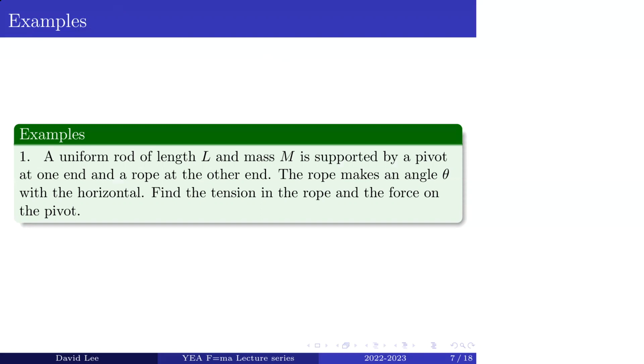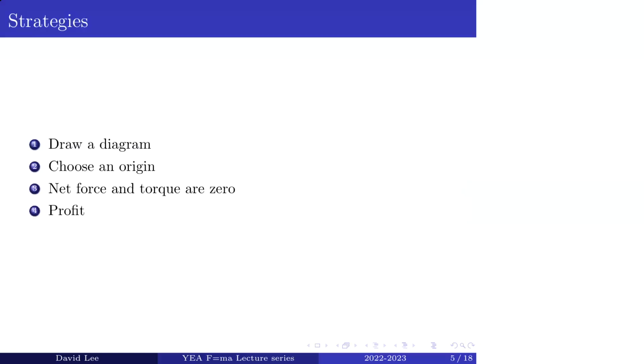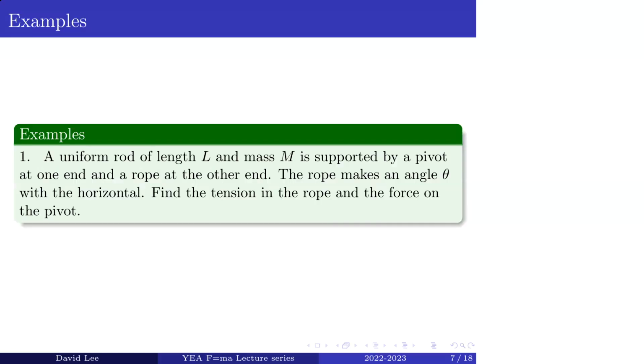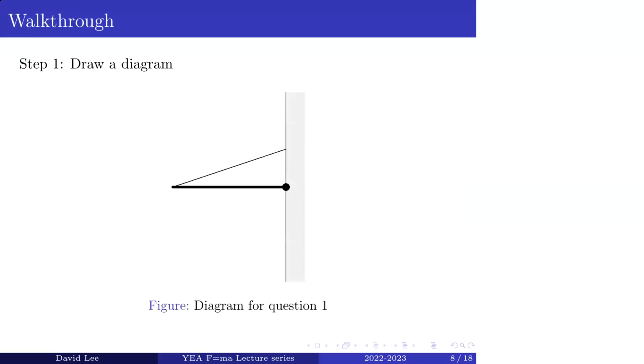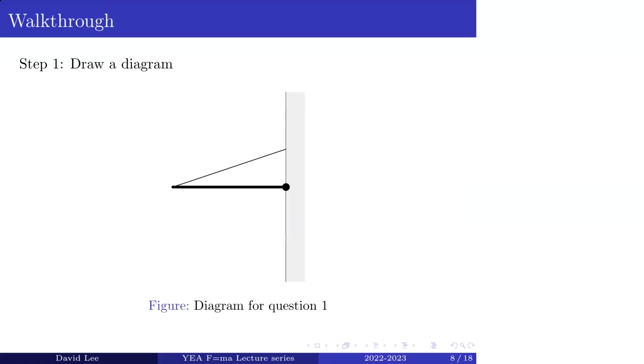All right, it's been a few minutes, so let's get started. So how do we approach this problem? Well, if we go back to our steps, the first step is to draw a diagram. So let's do that. Okay, we have our diagram. But what's missing from this diagram? What is missing from the diagram?